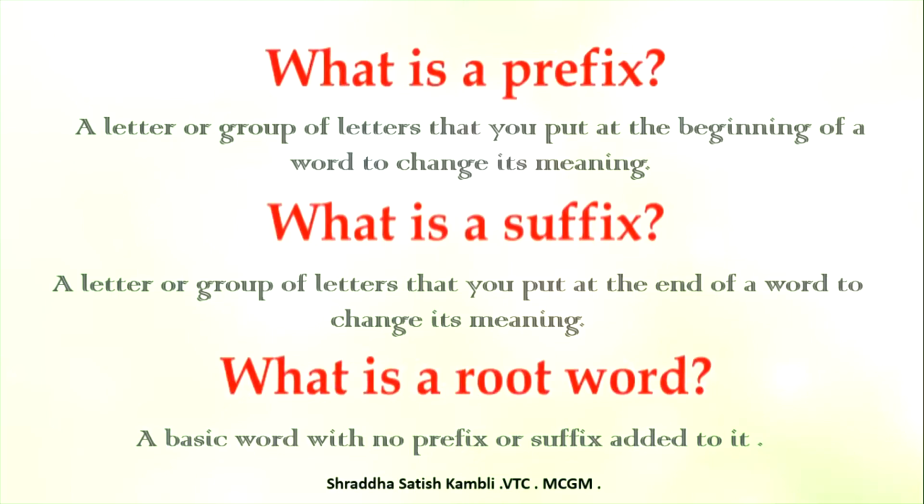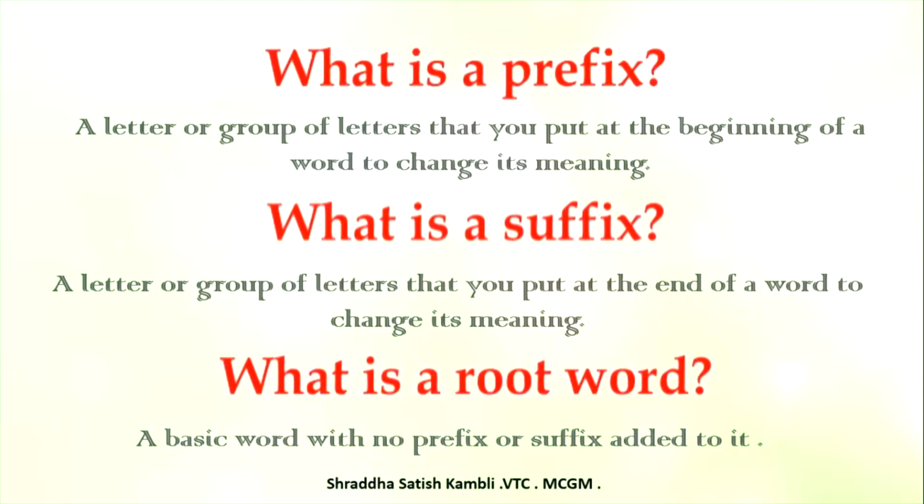When you add some letters to it in the beginning, it becomes a prefix. When you add some letters towards the end, then this group of letters is called a suffix. So this in short is the meaning of prefix, suffix and root word. And remember, prefix and suffix together is called an affix. Okay, so an affix could be either a prefix or a suffix.